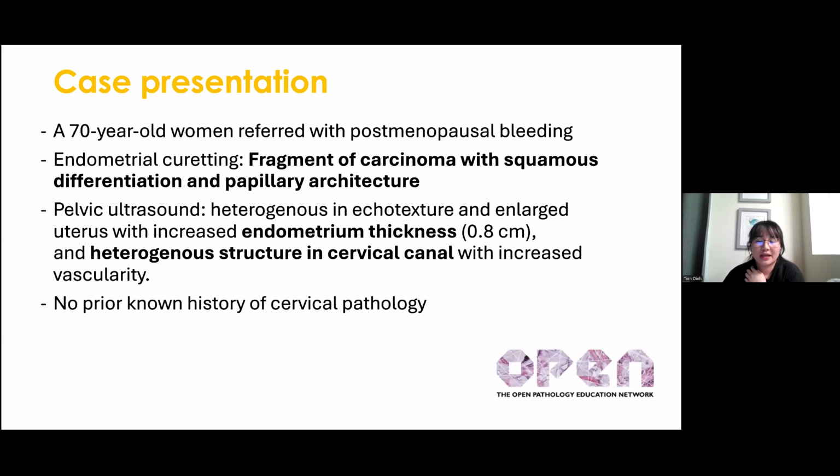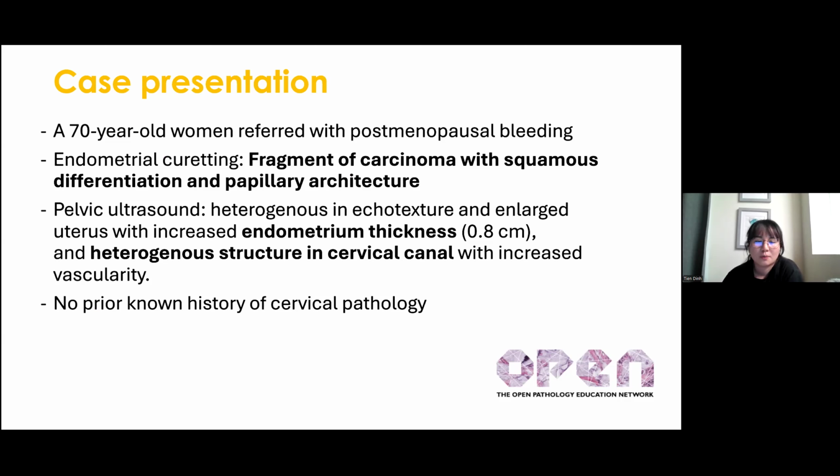We have a patient, a 70-year-old woman, who came to the clinic because of postmenopausal bleeding. Her endometrial curettage showed fragments of carcinoma with squamous differentiation and papillary architecture. The ultrasound showed an enlarged uterus with increased endometrial thickness and a lesion in the cervical canal.